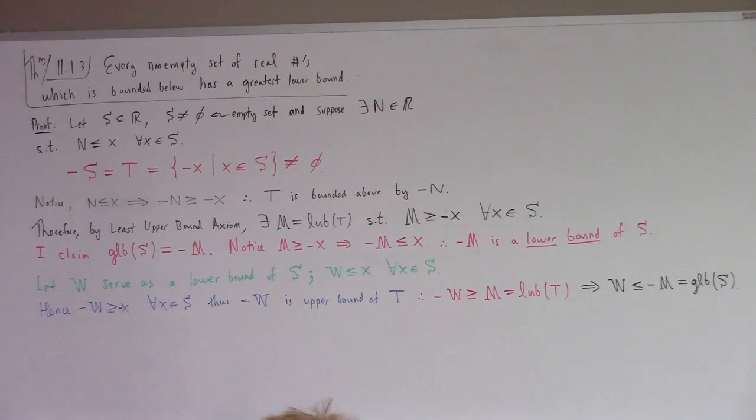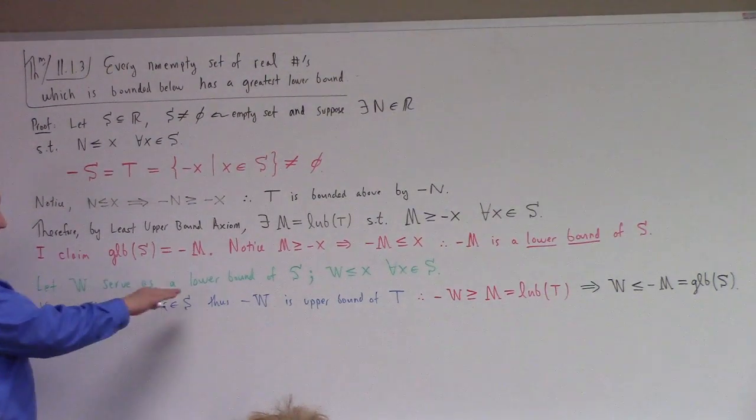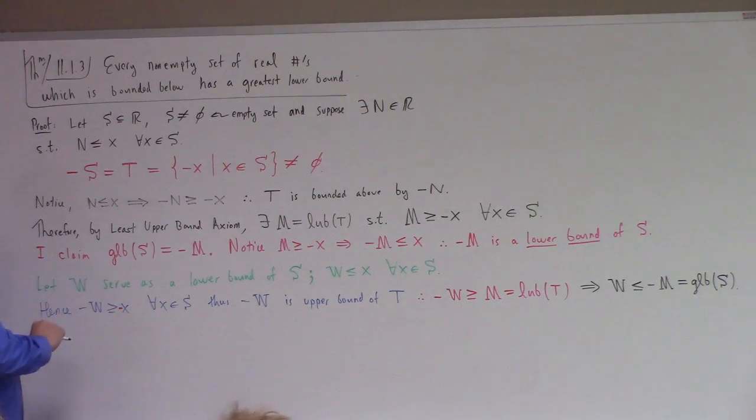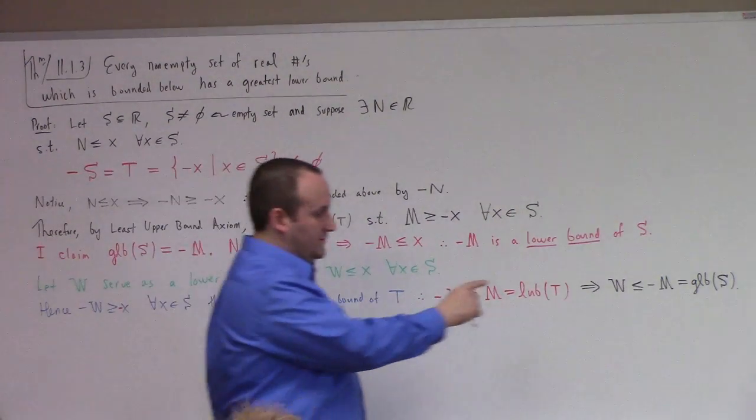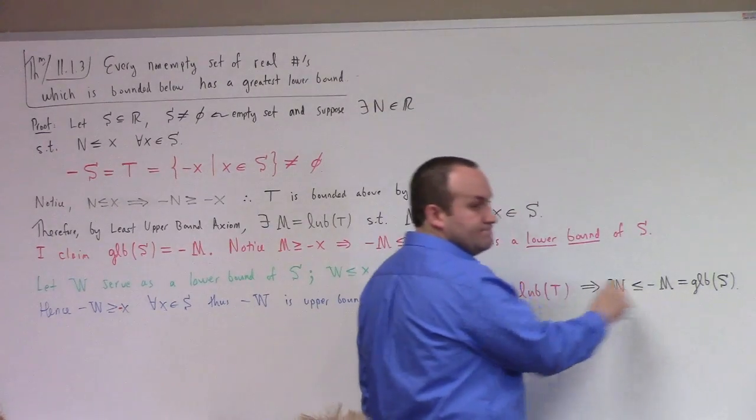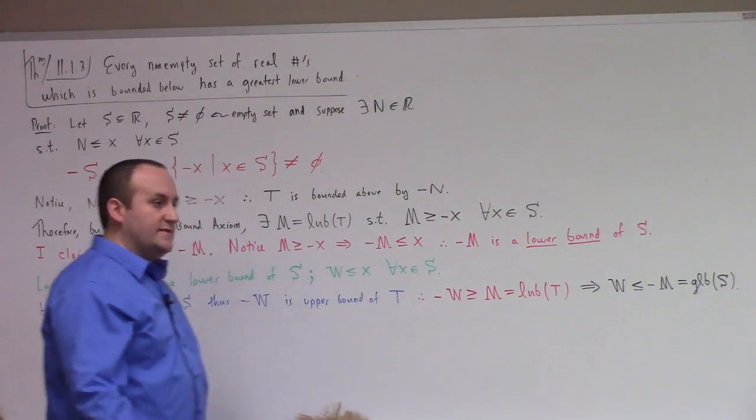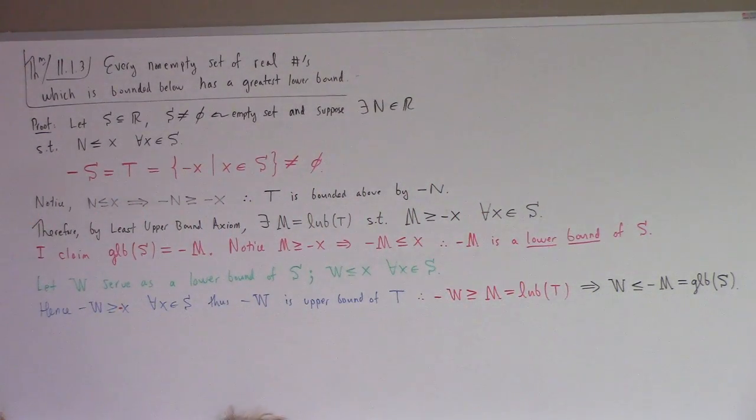I think I've actually proved that now. Because I've shown you that it's a lower bound, and I've also shown you that if we take any other lower bound of S, W, that lower bound is smaller than M, or equal to it. Consequently, minus M is the greatest lower bound.